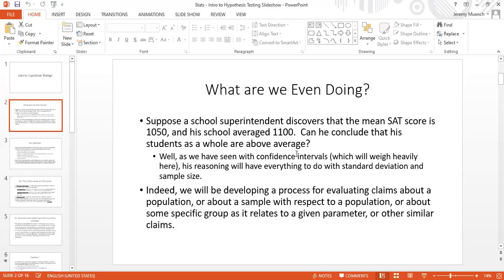We need to know what's the standard deviation. If the standard deviation is only, let's say, 60 points, then maybe. If the standard deviation is 300, maybe not. How many students does he have? The more students he has, the more the central limit theorem is going to reduce that standard deviation.